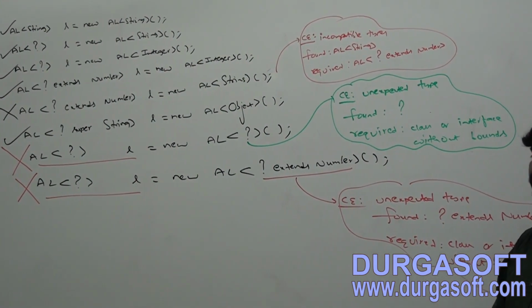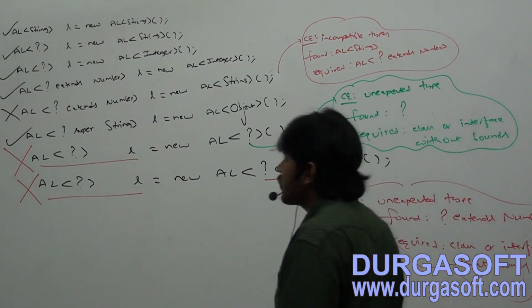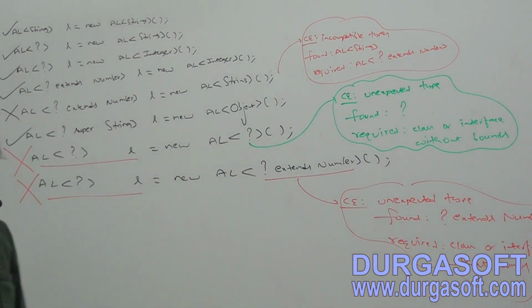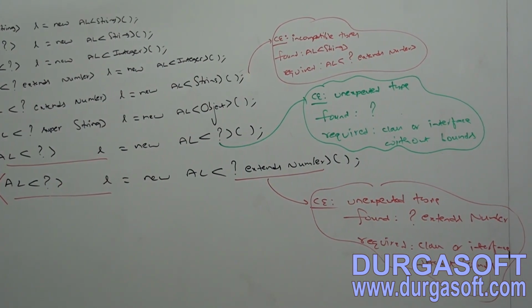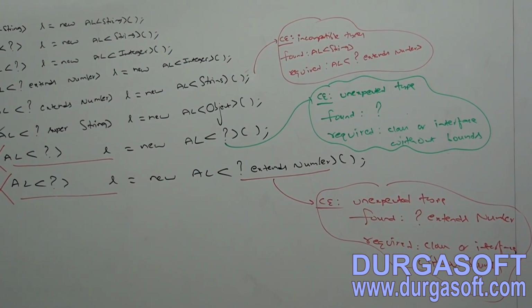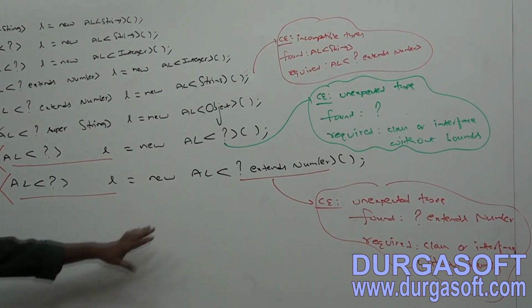ArrayList<String> l = new ArrayList<String>(). ArrayList<?> l = new ArrayList<String>(). Take all of them clearly, including the compile time errors also.